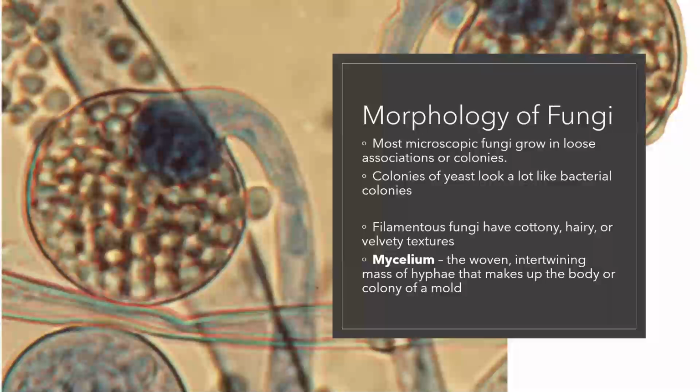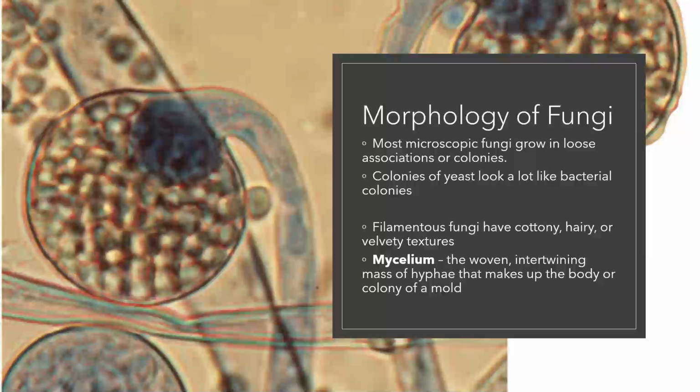The morphology of fungi can be observed typically using a microscope. So when you look at them on the microscope, they'll appear typically as loosely associated cells, somewhat like colonies you might see with bacteria. The colonies of yeast will look more like bacterial colonies than a lot of the more filamentous fungi would, though they will be bigger when we think back to the size of eukaryotic cells versus prokaryotic cells.